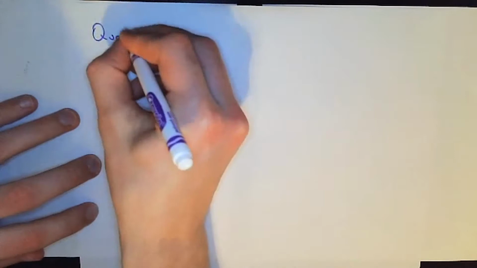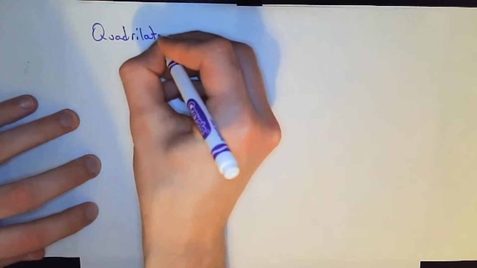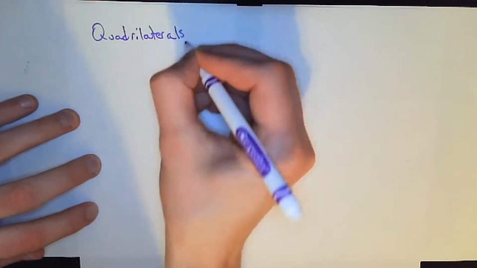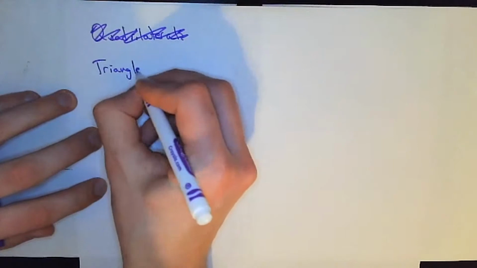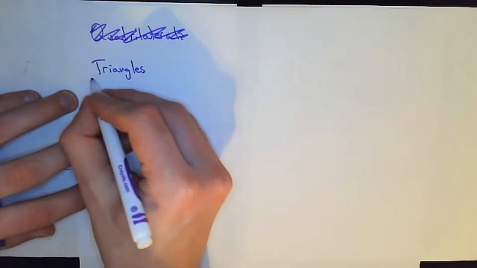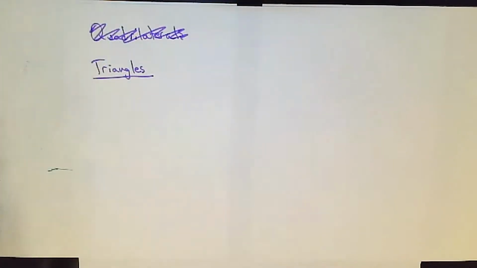Okay, real quick, let's talk about some special quadrilaterals. Actually, no, sorry, let's go in order here. Let's talk about triangles for a minute, in particular, similar triangles. So what do we know about triangles so far? We know the sum of their interior angles is 180.